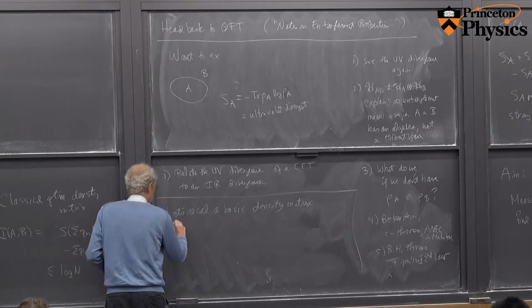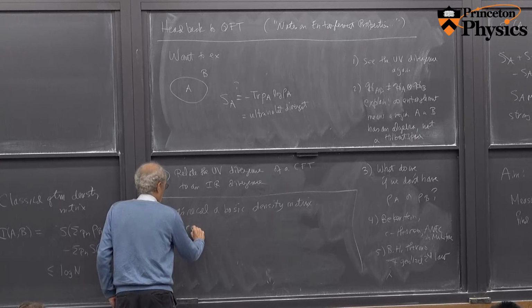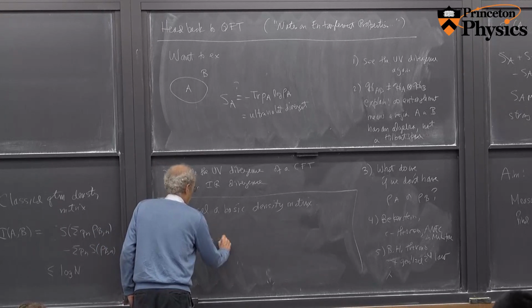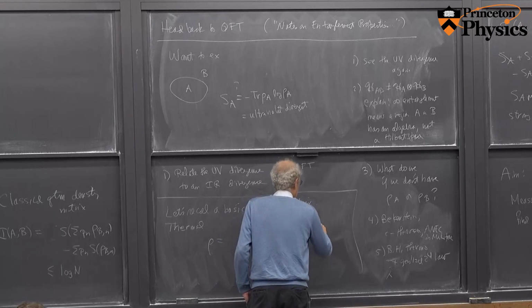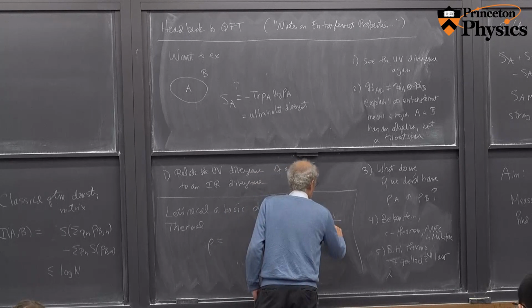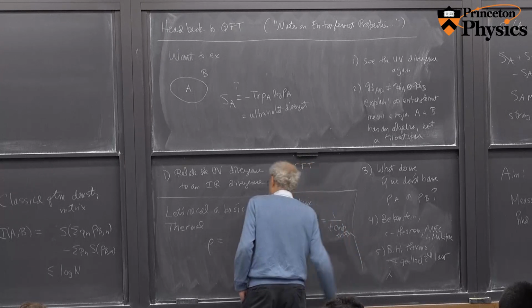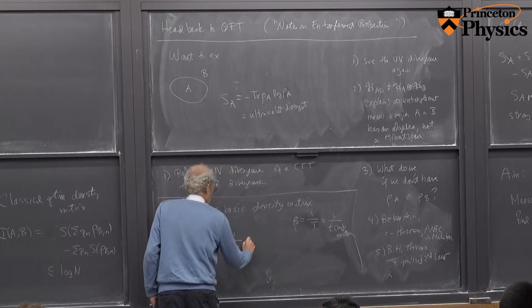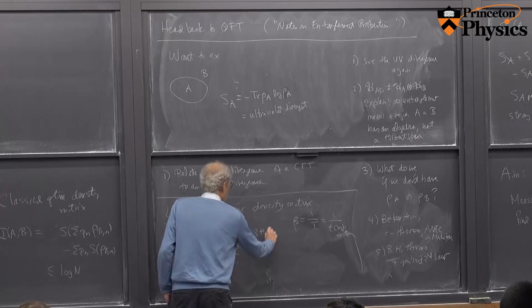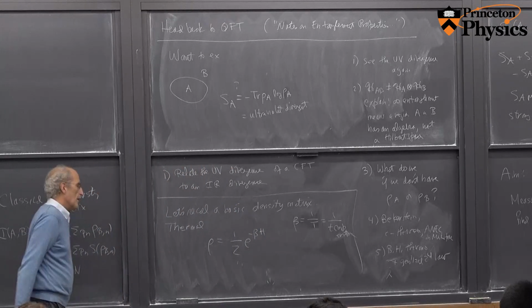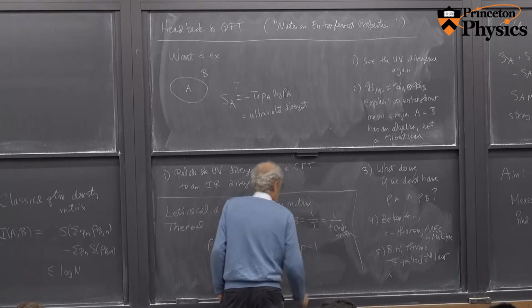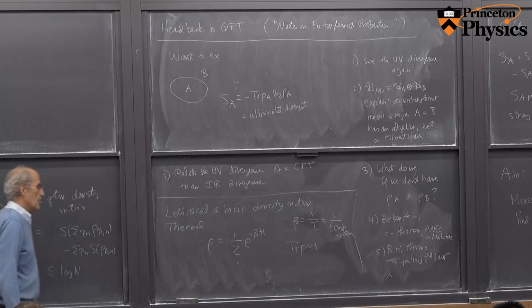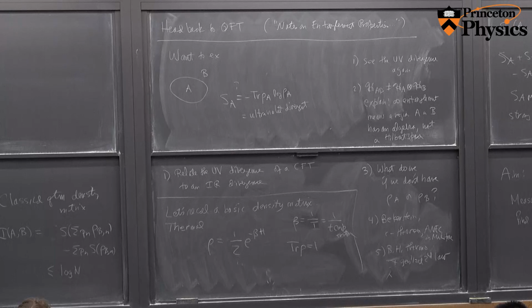A thermal one. So a thermal density matrix at inverse temperature beta is e to the minus beta H divided by a constant that's chosen so that the trace of rho is 1. The constant is called the partition function, of course.